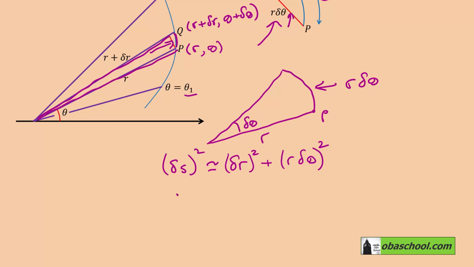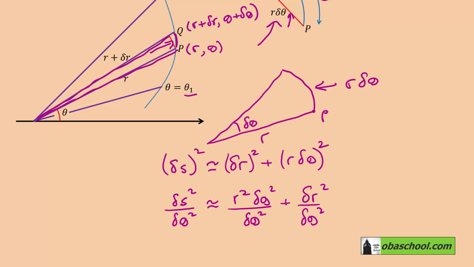Now, that means that delta s squared over delta theta squared would be approximately equal to r squared delta theta squared over delta theta squared plus delta r squared over delta theta squared. And those will cancel there.